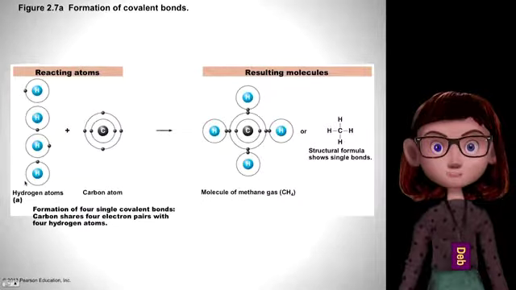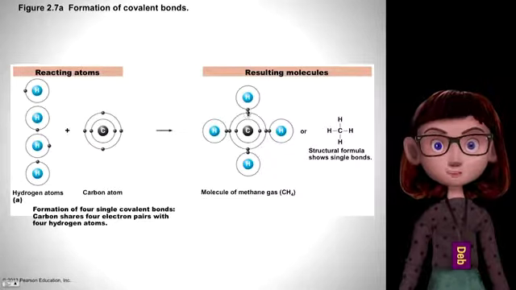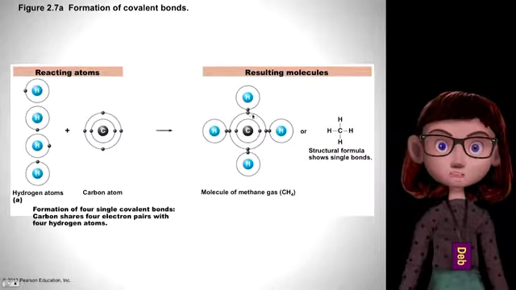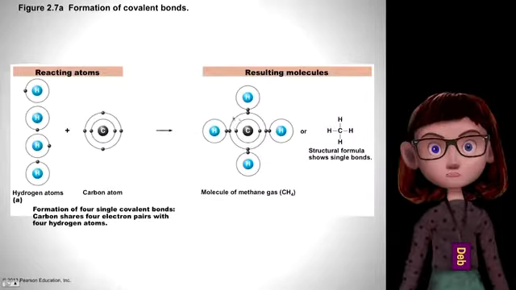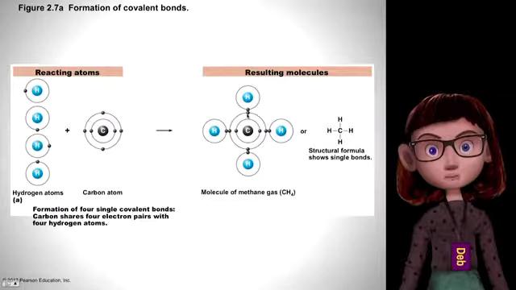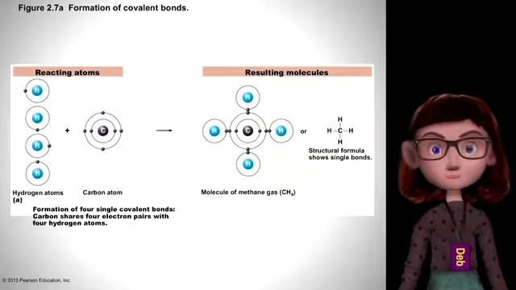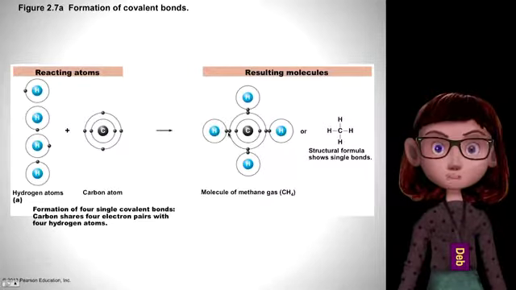So four hydrogen atoms and a carbon atom, when they join together, the carbon atom, remember it likes to have 8 electrons in its valence shell. That makes stability. So it can count all of these electrons. 1, 2, 3, 4, 5, 6, 7, 8. So this carbon atom has a complete valence shell.